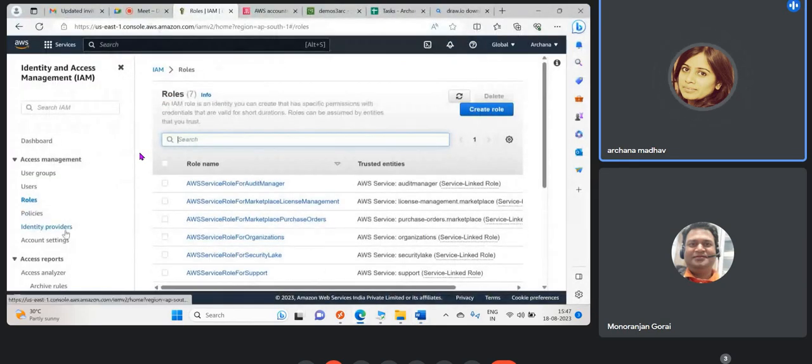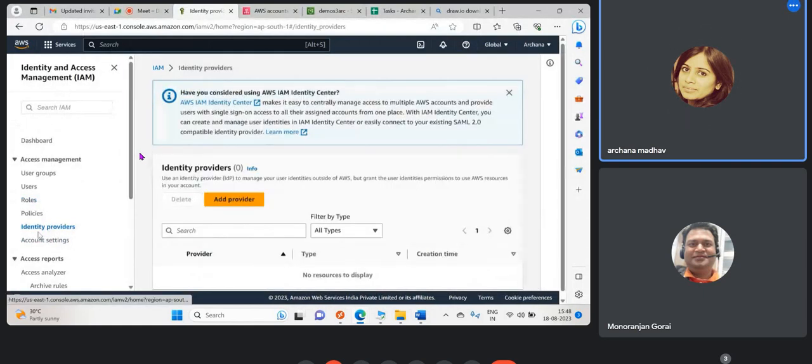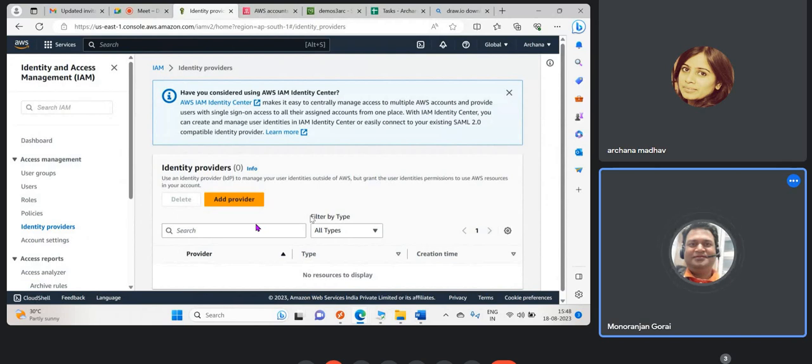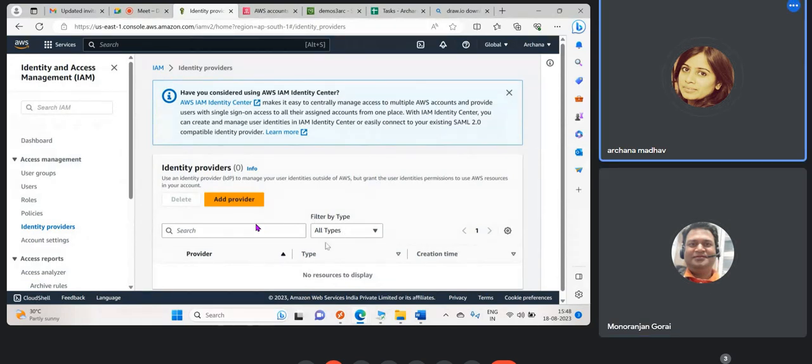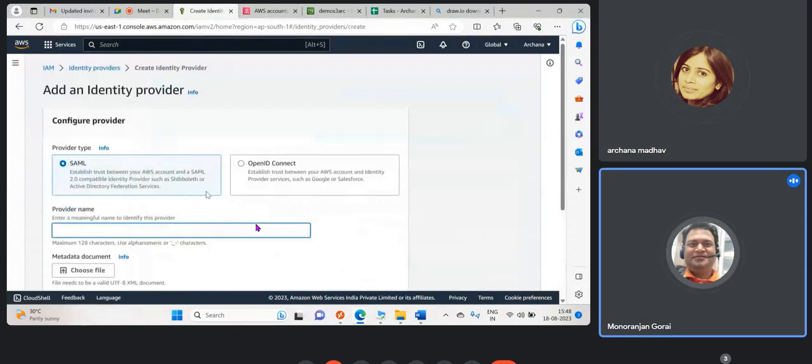And now, what else do we need to cover? Identity providers. Sorry, I have not gone through this actually. It's an identity provider to manage. See what the providers are.